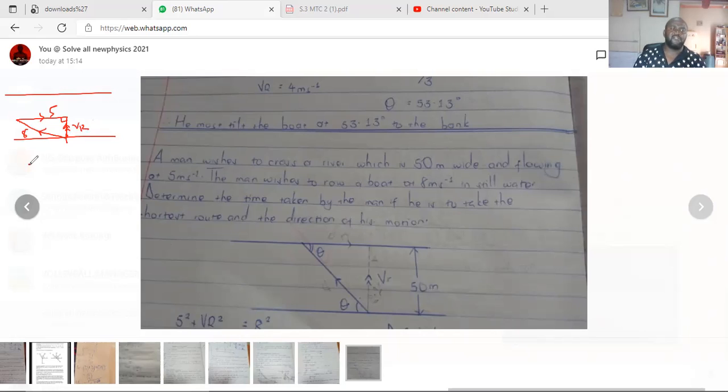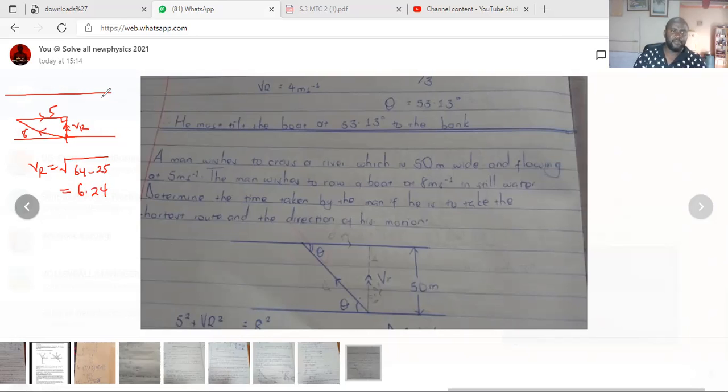Then we have seen that VR can be got from the square root of 64 minus 25. And the answer we have got is 6 point what? 6.24. Someone has posted an answer.